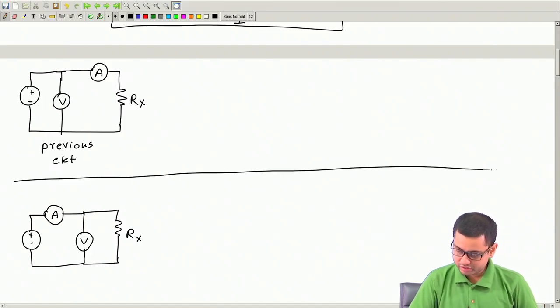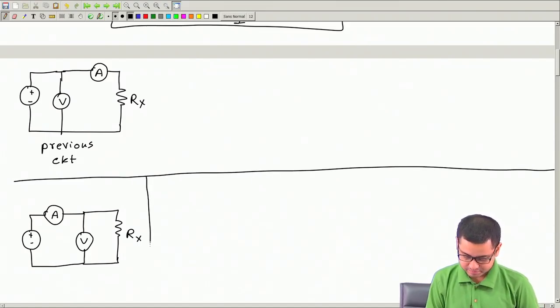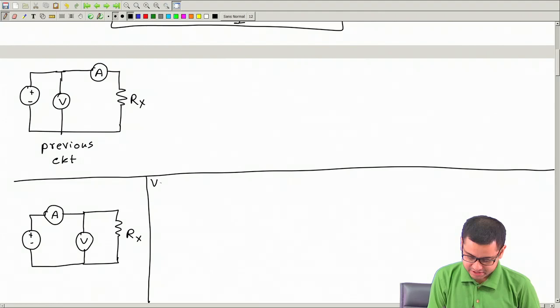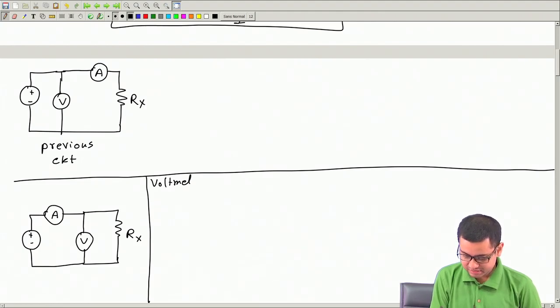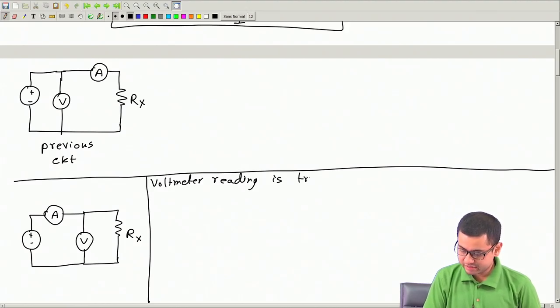Okay, so for this circuit, the voltmeter reading is truly the voltage across the resistance.